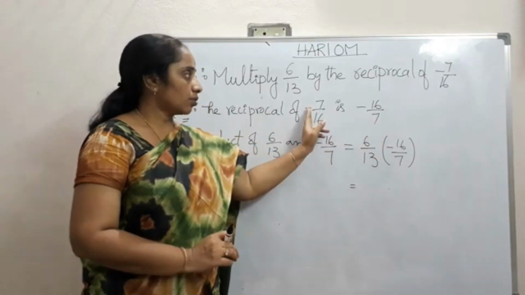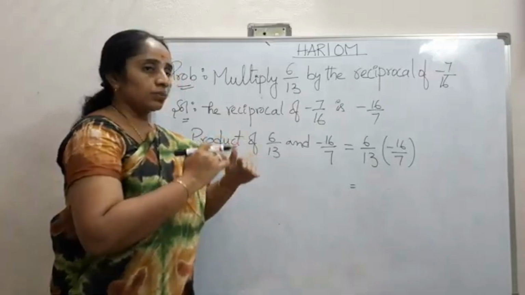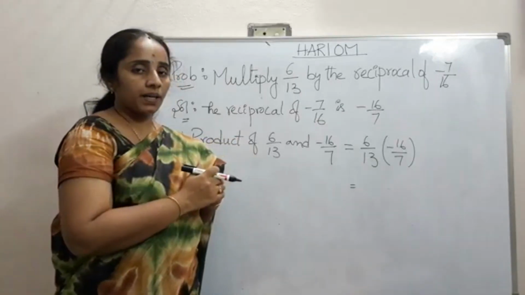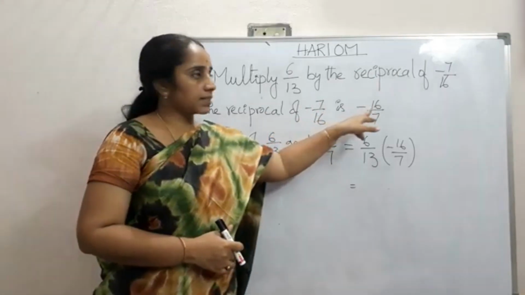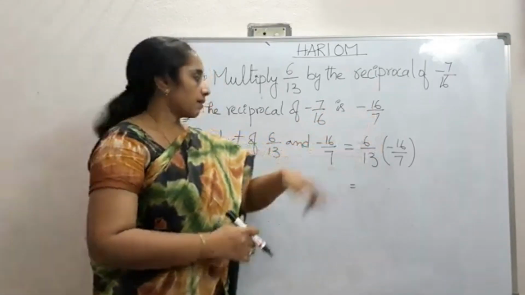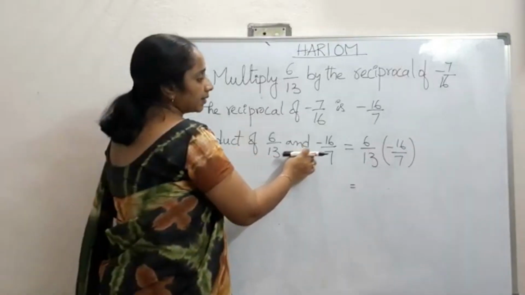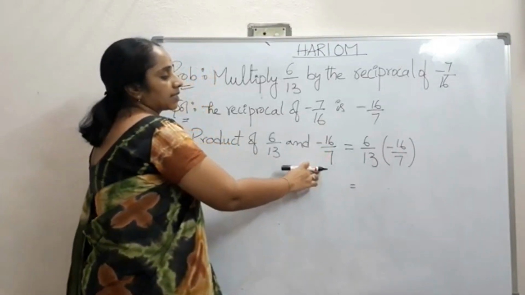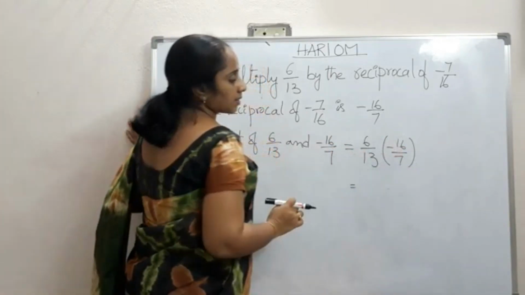See that no change in its sign, just the numerator part and denominator part are changed. Now the product of 6 by 13 and minus 16 by 7 is 6 by 13 into minus 16 by 7.